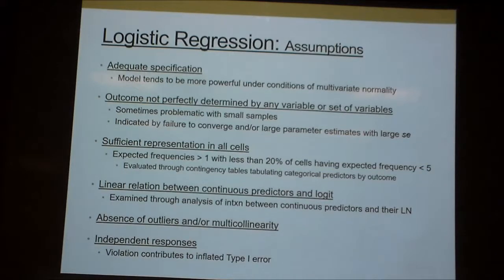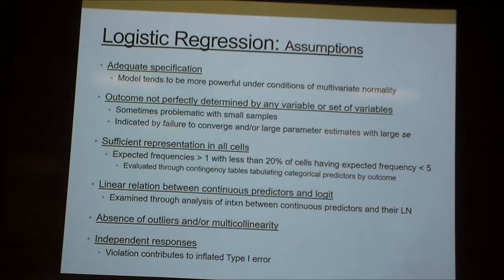What we can do to test this is take our preliminary model, take the natural log of our continuous predictors, create an interaction of those 2 variables, and make sure that the interaction of our continuous predictors and the natural log of our continuous predictors isn't statistically reliable, which would suggest nonlinearity in our logit.